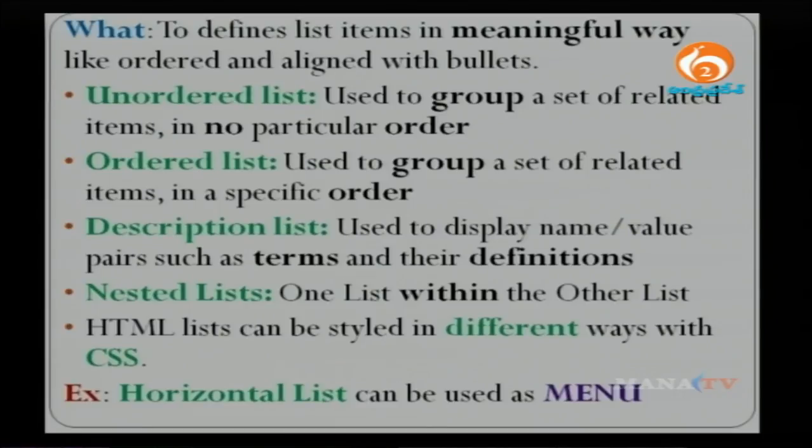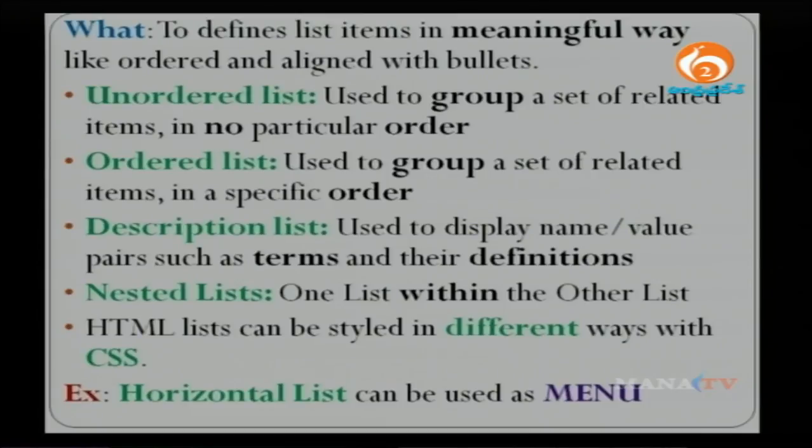So, other than that, by HTML how can I use that list? We have different types here: unordered list, ordered list, and description list, as well as a nested list. What are these? Where can I use them and where can I put this list to fulfil my requirements?